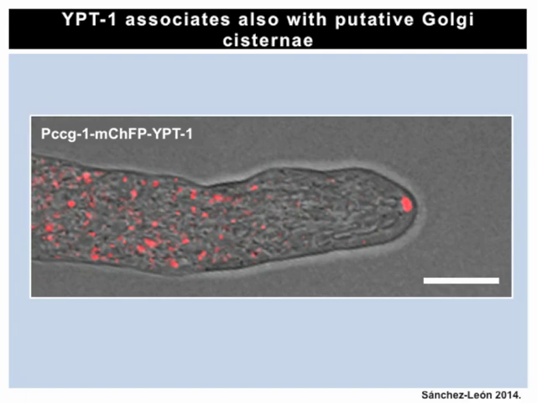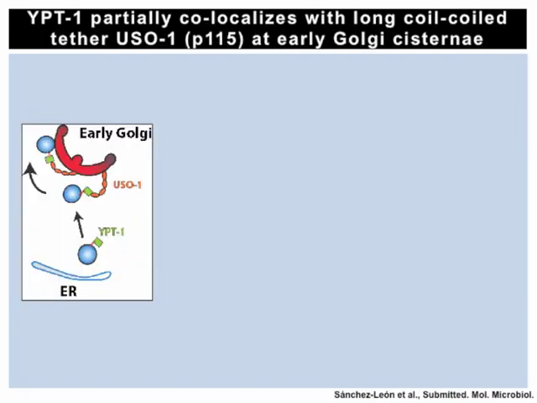But I also mentioned that YPT1 is found in these puncta along the cell, and we thought that these were putative Golgi cisternae. So to confirm that, we also labeled some other markers of Golgi compartments. We started by labeling USO1, which is a Golgi tether.